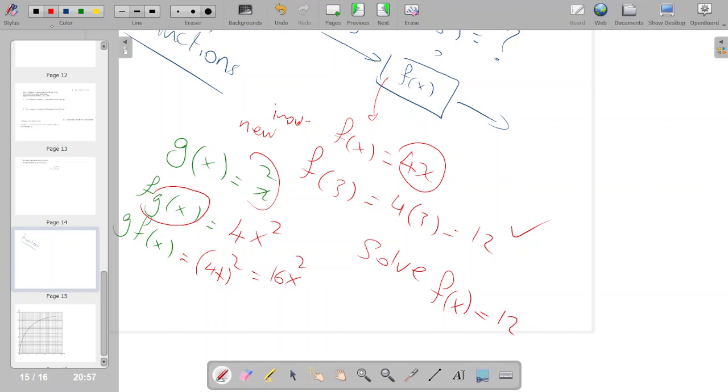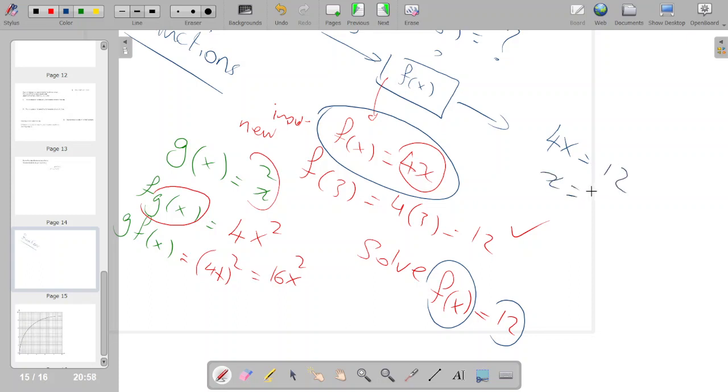When I say solve f(x) equal 12, it means you refer back to your f(x), and you know that f(x) is equal to 4x, and all of that is equal to 12, so you say that x equals 12 over 4, which is equal to 3. It means that x equals 3, this is the solution for this function.